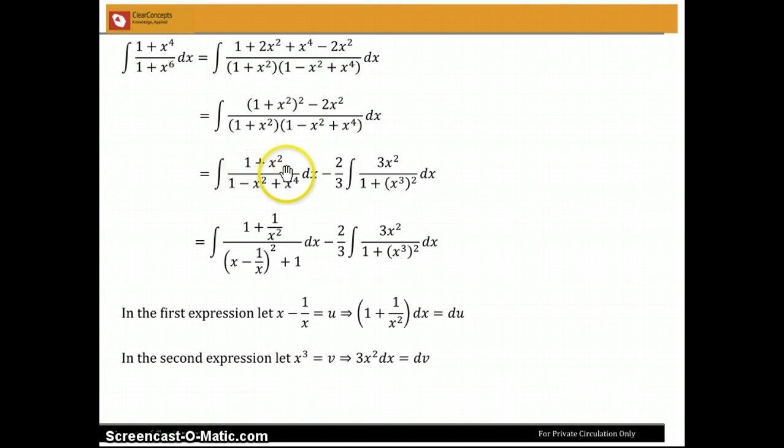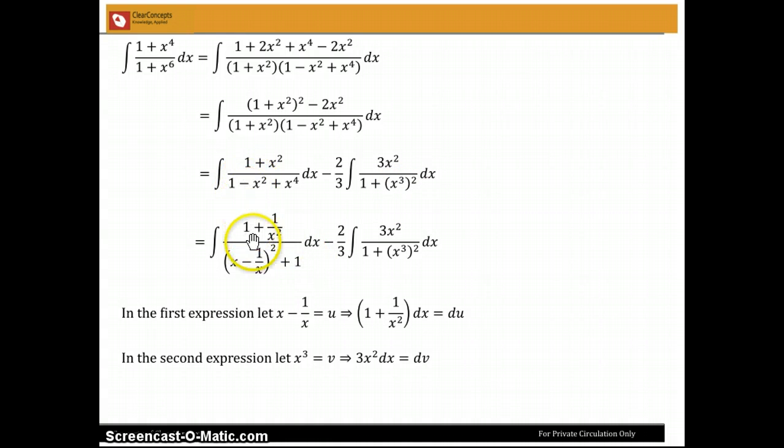I have 1 plus x squared here, and the 1 minus x squared plus x to the power 4, because one of the 1 plus x squared terms will cancel in the numerator and denominator. And then the second expression would be minus 2/3, and I would get 3x squared divided by 1 plus x cubed whole squared. Remember, here we're going to take x cubed as our variable.